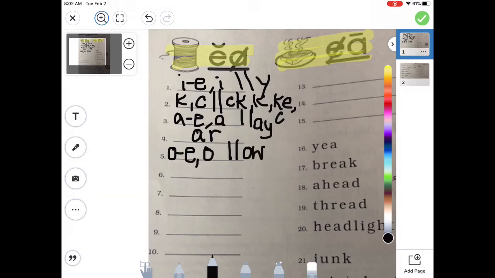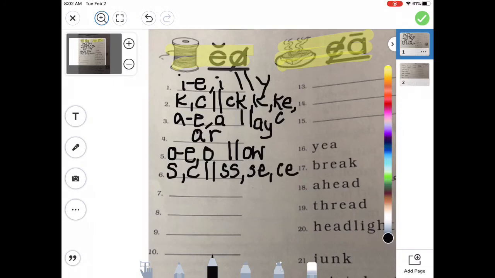How about the S sound? S, comma, C, because S and C can both say S. And then endings, we can have SS after a short vowel. You can have SE after a consonant, or you can have CE after a long vowel.